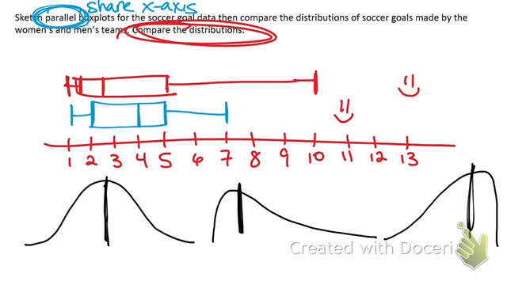Do you guys notice a trend here with the median and the peak? They're always pretty close to each other, right? So watch this. Here's my box plot. This in the middle is the median, which will be close to the peak, right?